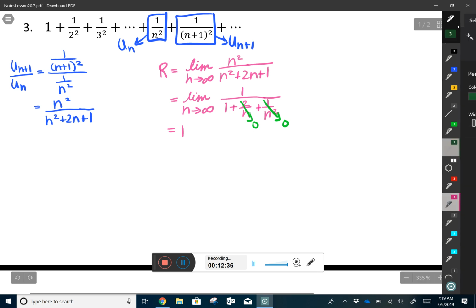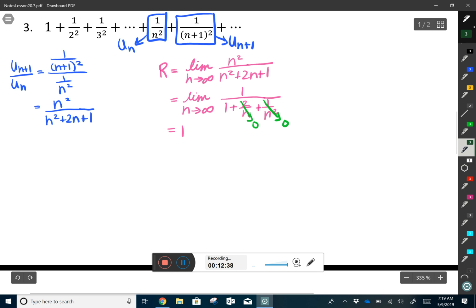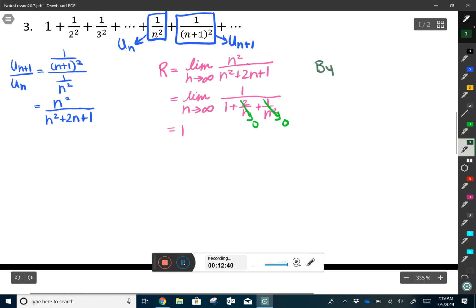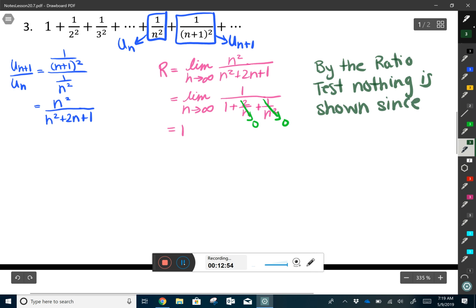Okay, so by the ratio test, this tells us nothing. So by the ratio test, nothing is shown, since r is equal to 1. Or you can write r is equal to 1, therefore nothing is shown by the ratio test.